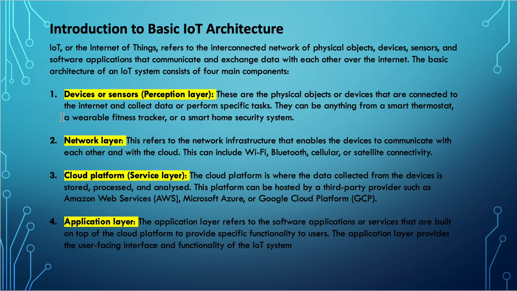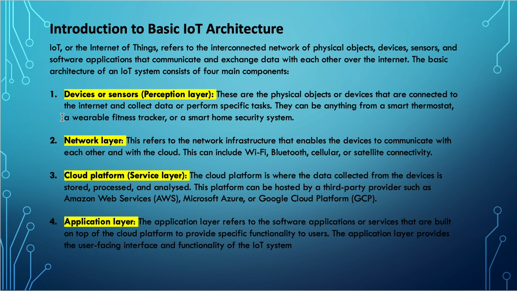These are the physical objects or devices that are connected to the internet and collect data or perform specific tasks, right? So the hardware components which take in the input or the output of it. That is the perception layer. That is the outermost layer.